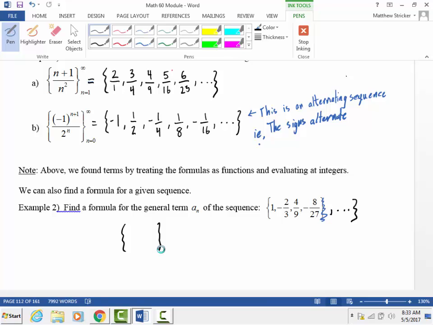Also, it's 4. And one thing that's different about this one is you need the first term to be positive, right?